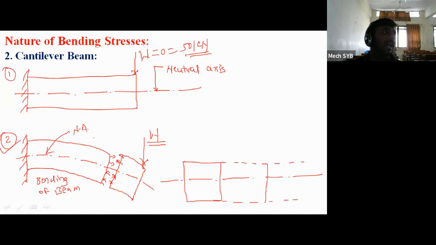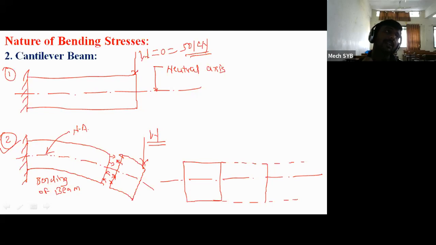Now please tell me, according to the nature of the bending, above the neutral axis, whether it is tension or compression, and below the neutral axis, whether it is tension or compression. Above the neutral axis, is the beam under tension or compression? Those who are attending online, what will be your answer?